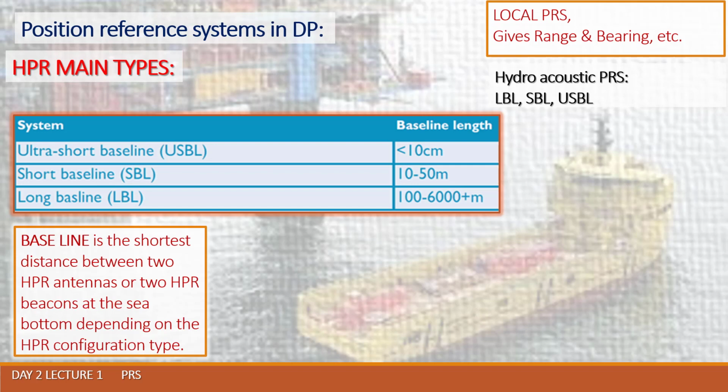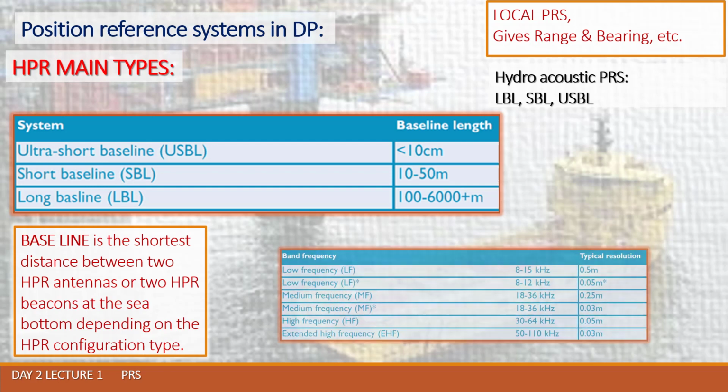And very often students ask me the question about band frequency for HPR equipment. I have the answer for that question, and my answer, as usual, is based on operational industry guidance such as IMCA M200. So, band frequency used by HPR equipment.